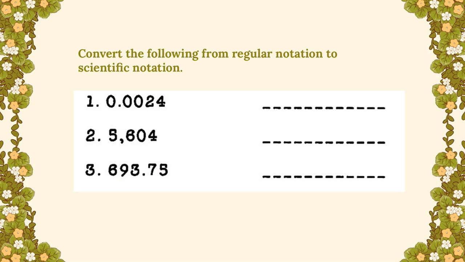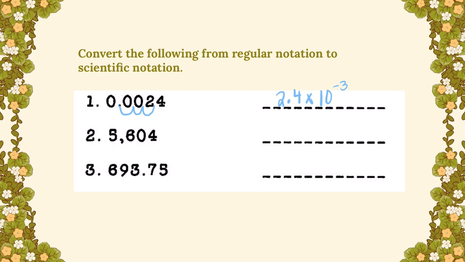In number 1, I'm going to move the decimal 1, 2, 3 to the right. So then we'll have 2.4 times 10. And even though we moved it to the right, the exponent is going to be negative because it's a smaller number. So in this case, it's going to be -3.